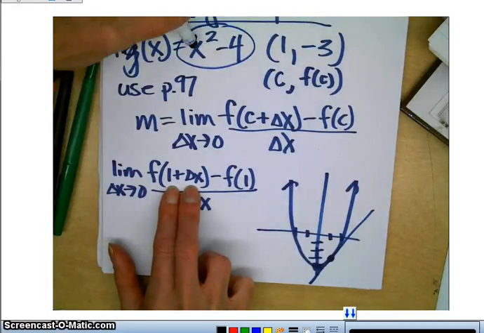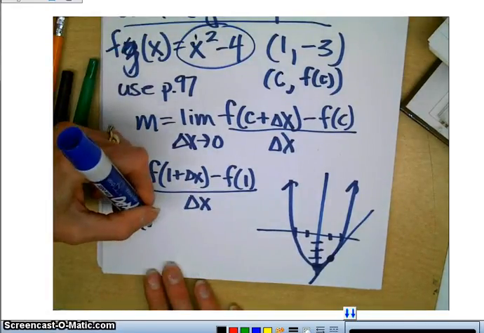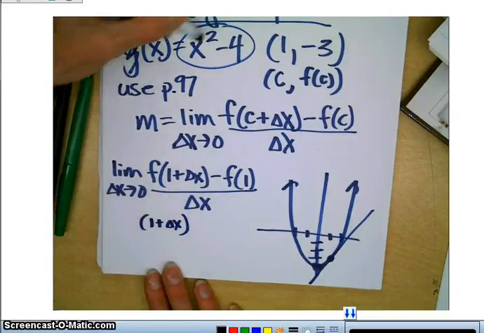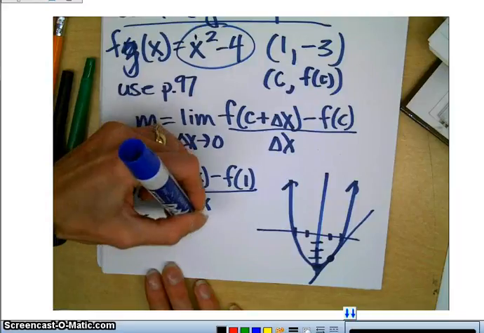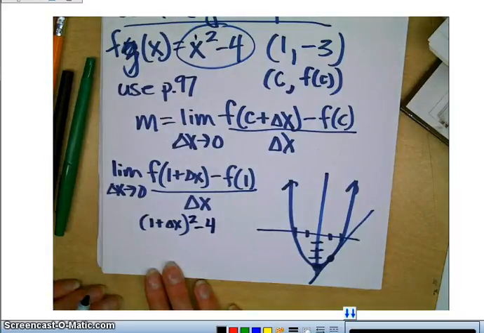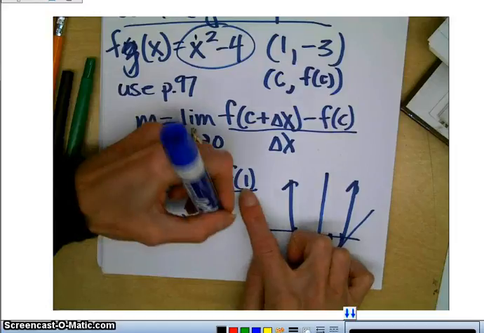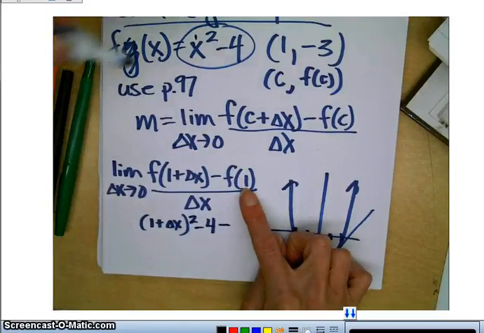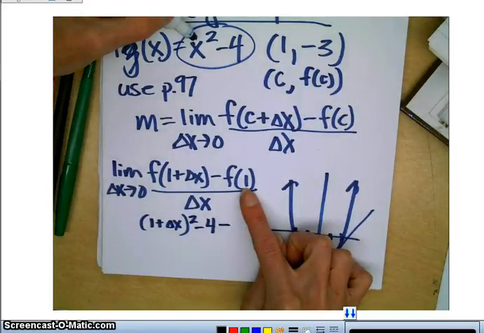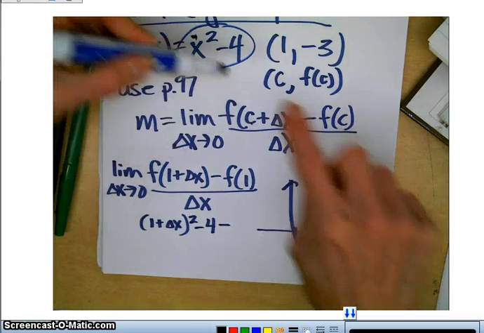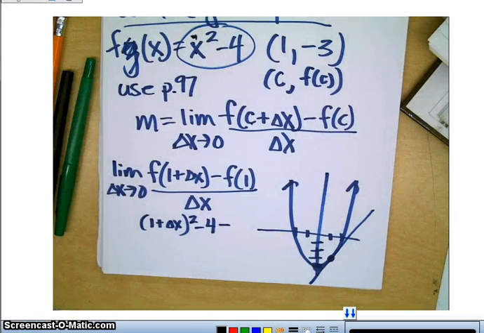So that x is going to become 1 plus delta x, and I'm going to have to square it and subtract 4. Minus f of 1 means put 1 in for x in that function. I'm plugging these things into the function I'm given.